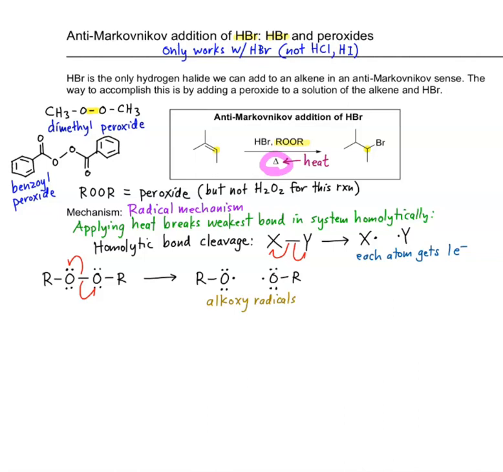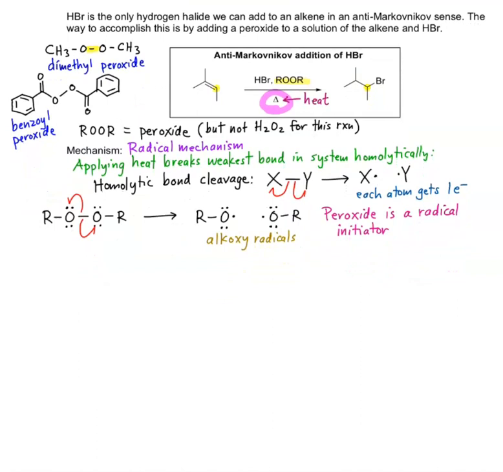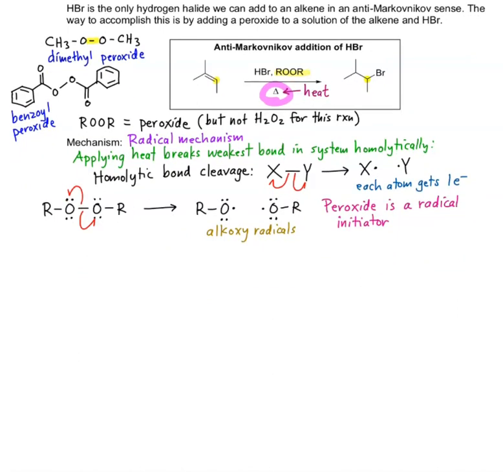Okay, so the role of the peroxide in the reaction is to generate radicals. So we call the peroxide a radical initiator. Okay, so once you have the radicals, then the radicals can start interacting with the other components of your reaction mixture.